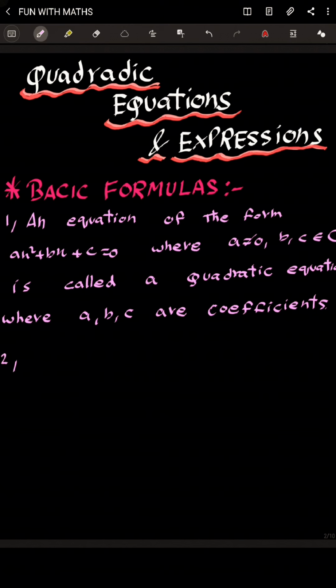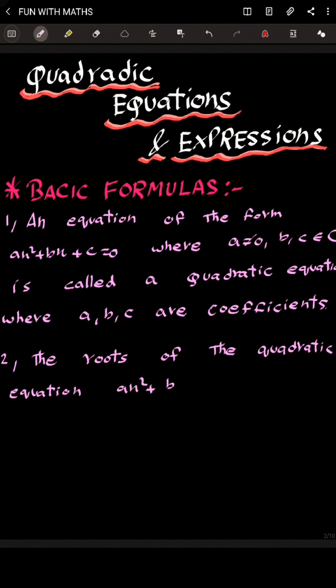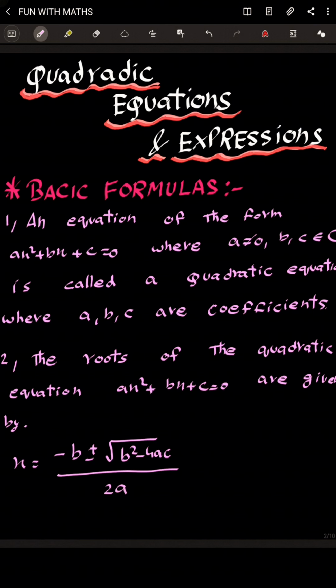So next one, the roots of the quadratic equation ax square plus bx plus c equal to 0 are given by x equal to minus b plus or minus root over b square minus 4ac by 2a.